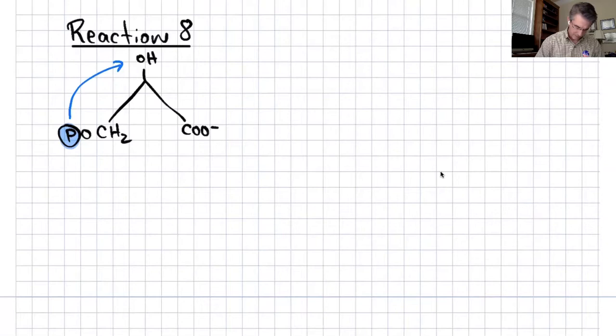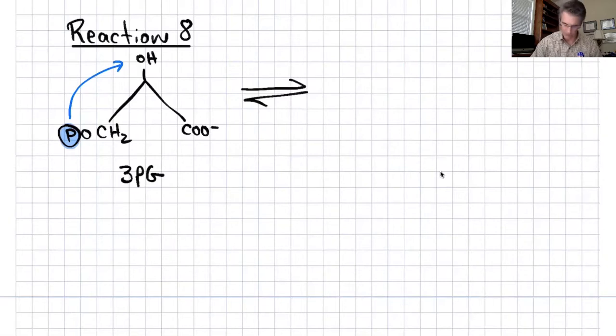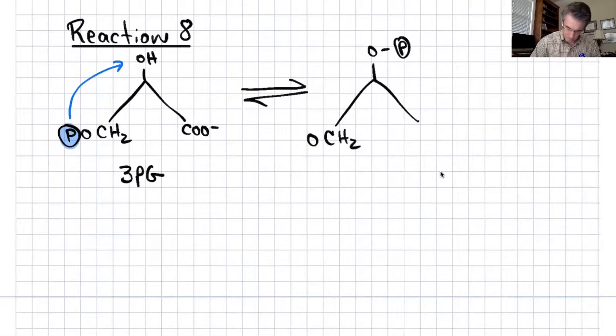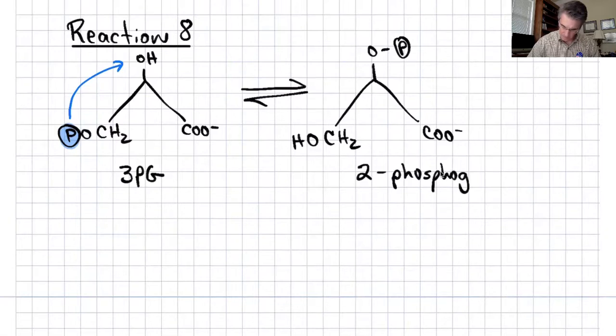So we're going to take 3-phosphoglycerate, 3PG, right? And we're essentially going to isomerize this molecule by just moving that phosphate group from the 3 position to the 2 position to make 2-phosphoglycerate, or 2PG, right?